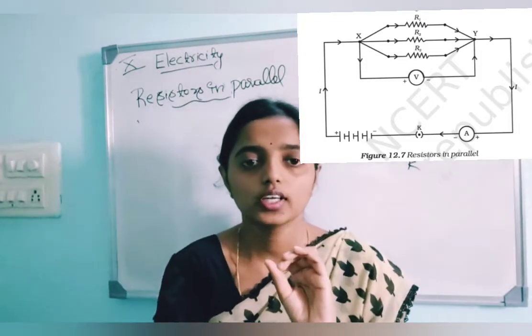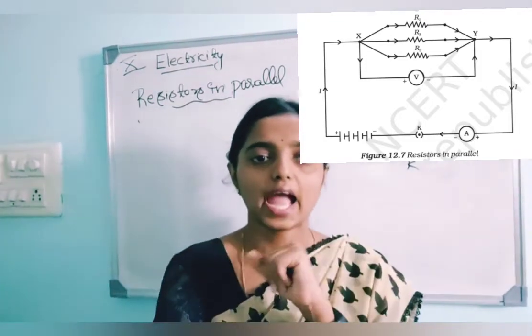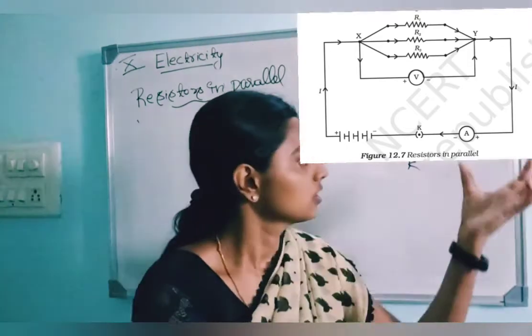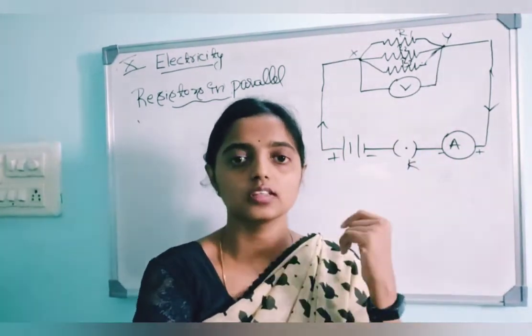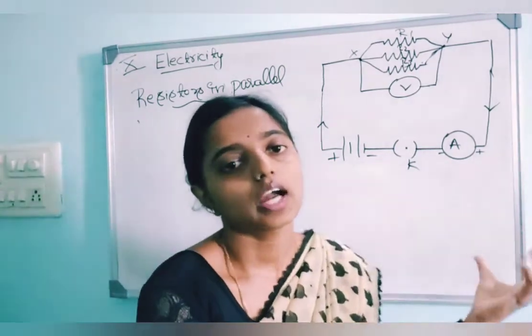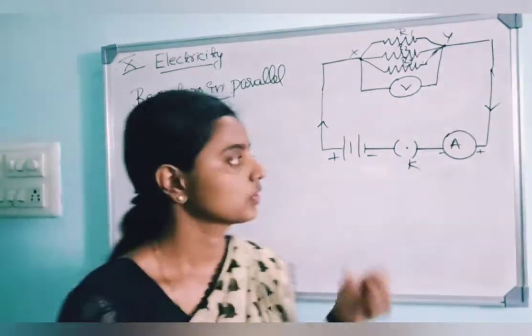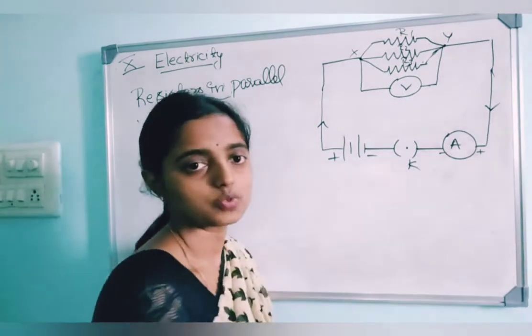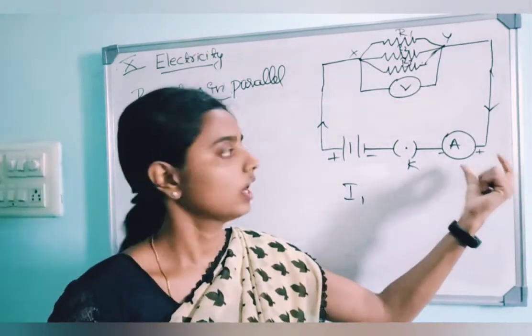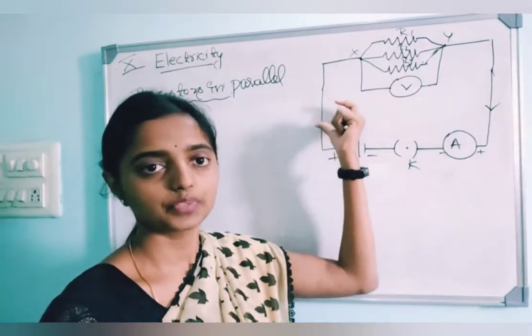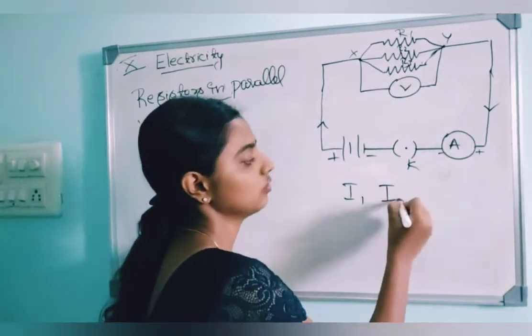Now here again we'll go with the activity. Same thing: I need to place an ammeter at different places in the circuit diagram to take current values. From here, first I'll get one value, let it be I1. Then I connect it somewhere here in series, and I got a value I2.